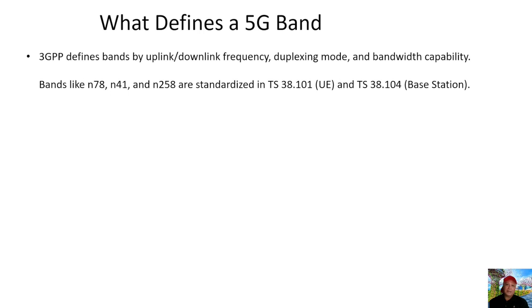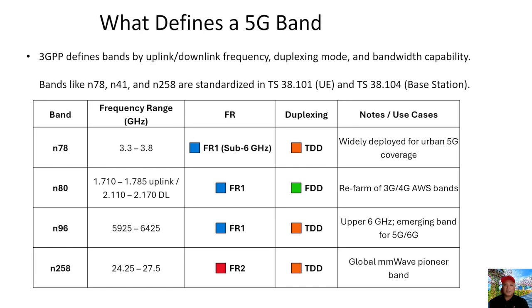Each band gets a simple numeric name like N78, N41, or N258. And all these are standardized in 3GPP TS 38.101 for user equipment and 38.104 for base stations.